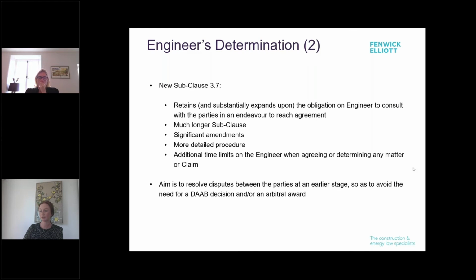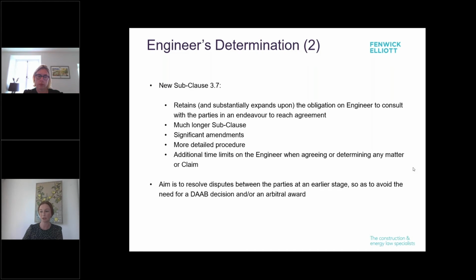Okay, so under subclause 3.5 of the 99 Yellow Book, the engineer was under an obligation to consult with the parties to endeavour to reach agreement when there's a dispute. This obligation is retained and it's expanded upon substantially in the new subclause 3.7, which imposes a much more detailed procedure as well as additional time limits on the engineer when agreeing or determining any matter or claim.